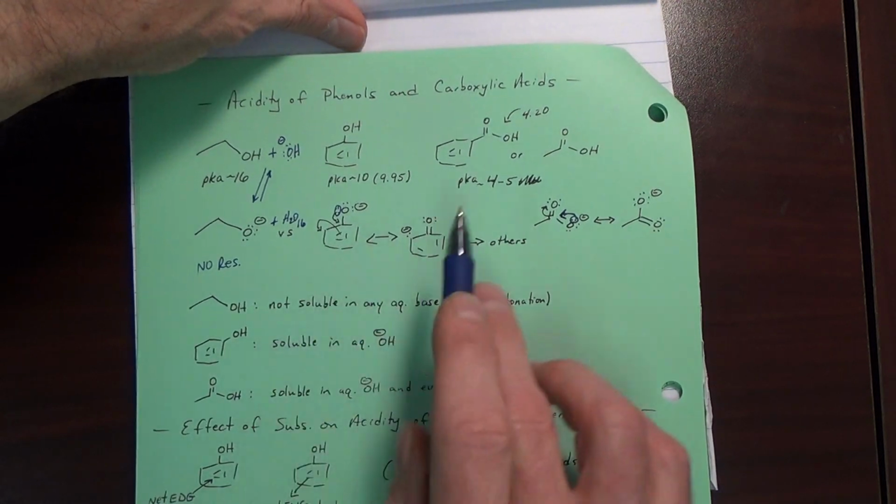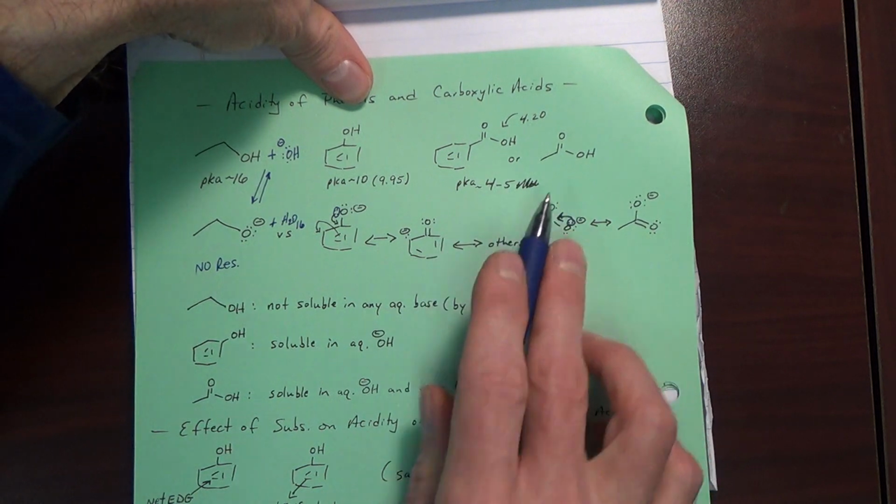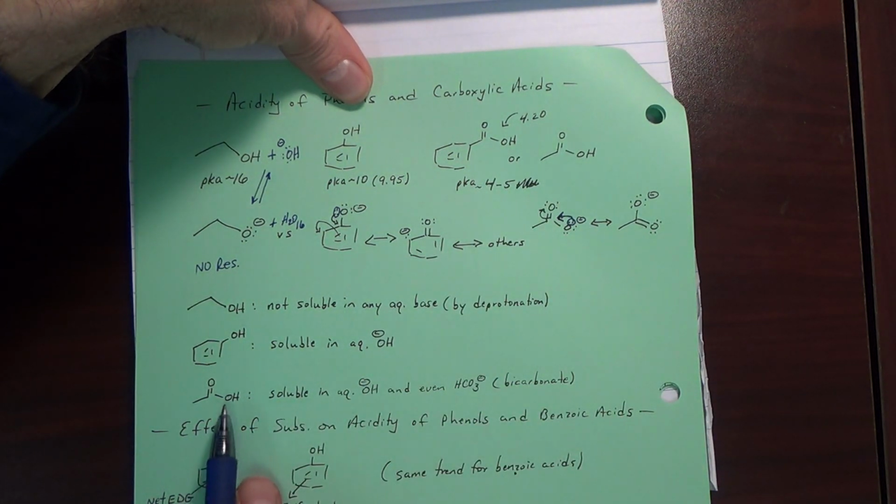Now, of course, you would thus expect that a carboxylic acid is going to be also converted to the anion, and the anion would thus be soluble in hydroxide as well.